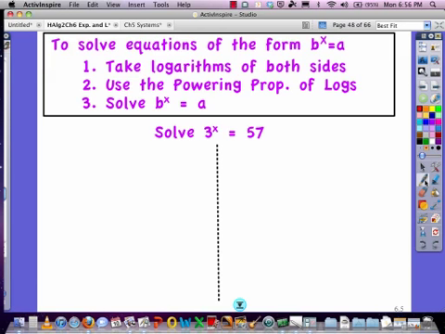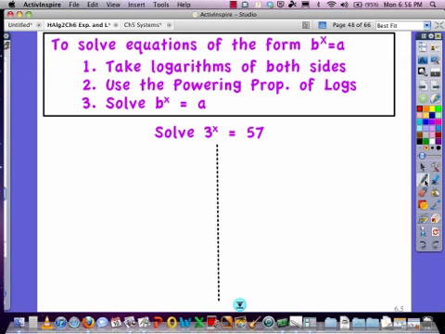So here is a way that you can use to solve any equation of that form, especially when we're not in base 10. Step 1, take the logarithm of both sides, use the powering property of logs, and then solve.